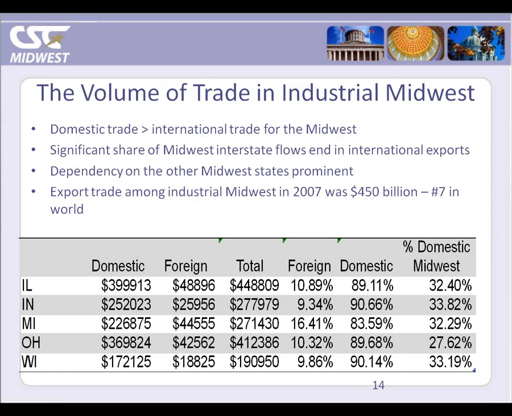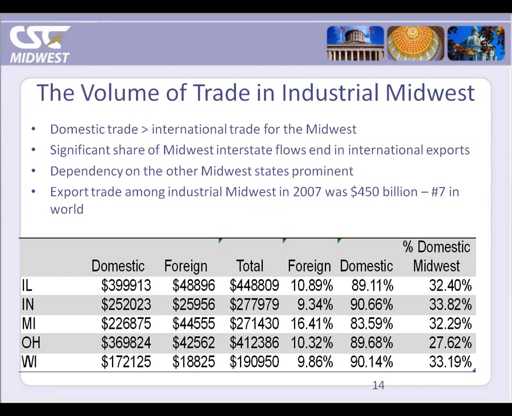Secondly, that domestic trade among those Midwest states is very highly dependent upon trade with our neighbors. If those 5 states were countries, the trade between them would amount in 2007 to about $450 billion. It would make it the 7th largest trading area in the world.